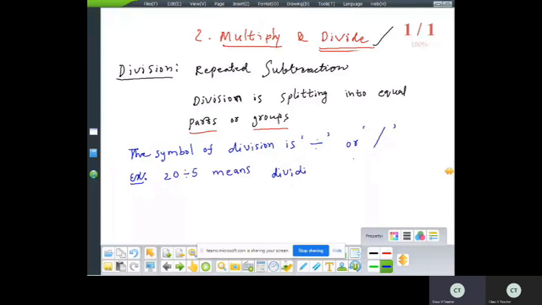This is a short note about division. Write this in your regular note. 20 divided by 5 means dividing 20 into 5 parts or 5 groups.